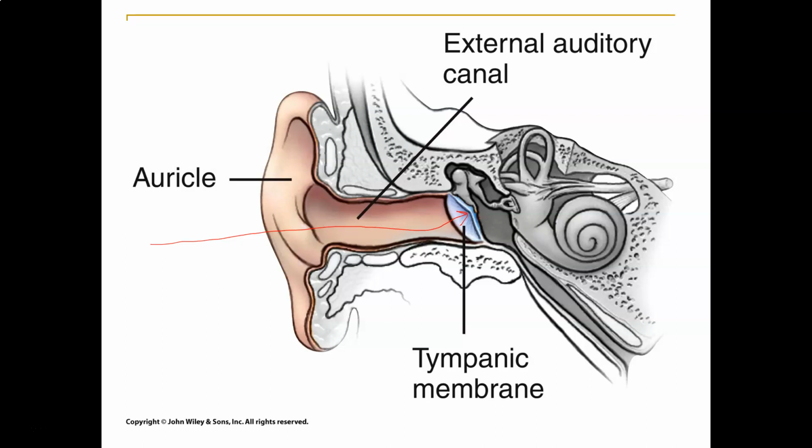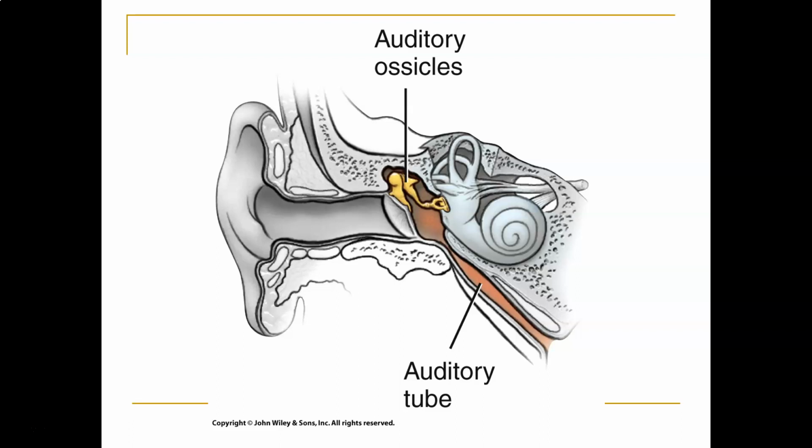Okay, now next, let's look at the middle ear. Here we see the three ossicles, three little bones. These are the tiniest bones in the body. This is the air-filled middle ear cavity and the eustachian tube. So when the tympanic membrane vibrates, notice that that's going to make your malleus vibrate because it articulates with the tympanic membrane.